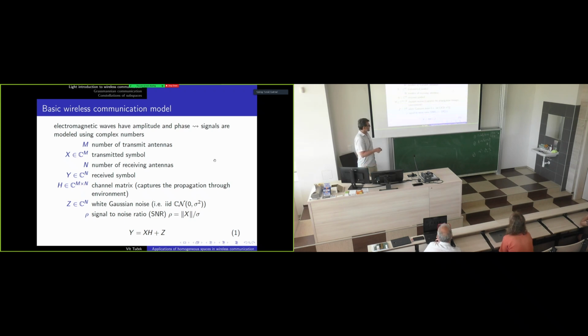So the basic model of wireless communication is down here, and let me just unpack it for you. The wireless communication happens through electromagnetic waves, and they have amplitude and phase. However they are actually implemented in the hardware, in the end you will end up with two real numbers for each antenna.